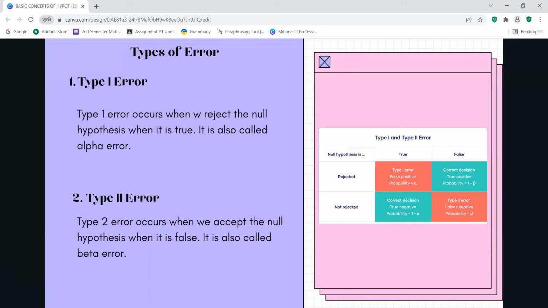We are dealing with the null hypothesis here in type 1 and type 2. But always remember, you are going to deal with the type 1 error if you reject the null hypothesis, even if it is true. But if the null hypothesis is being accepted, even if it is false, automatically, that will be a type 2 error.